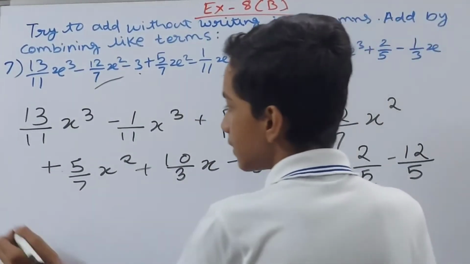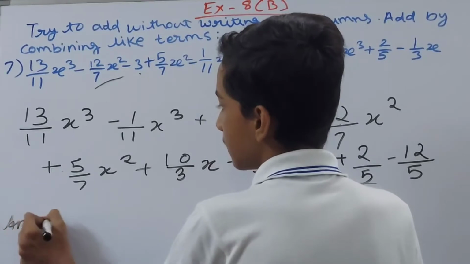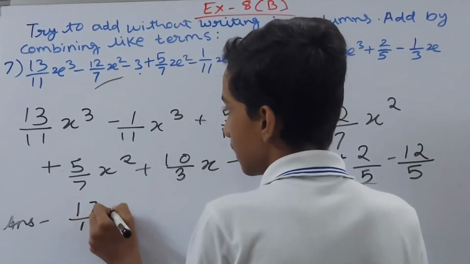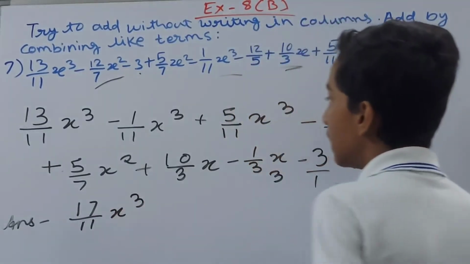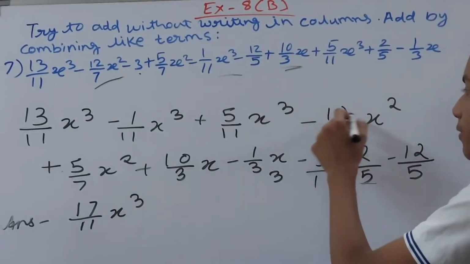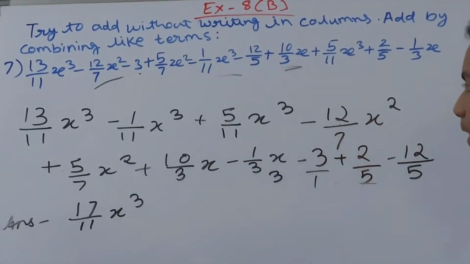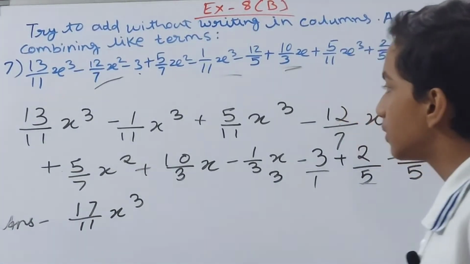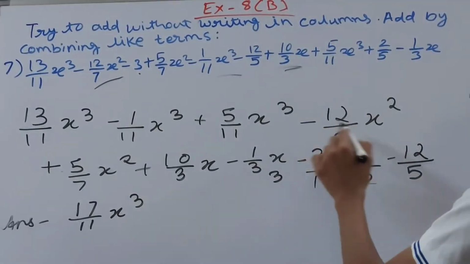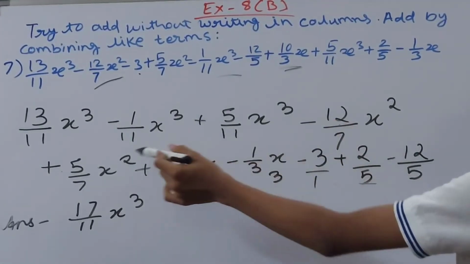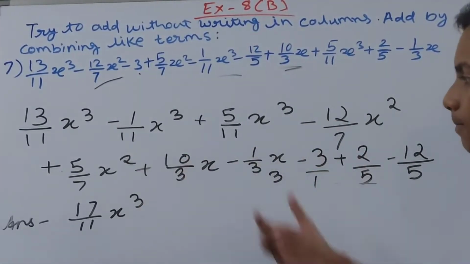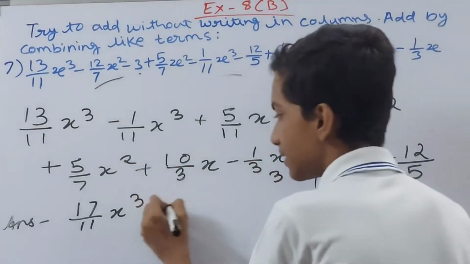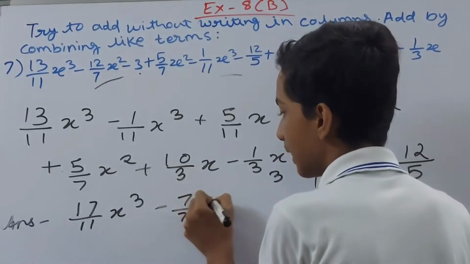Alright, so you can write in your answer, this is 17 upon 11x cube, and then minus 12 upon 7x square and plus 5 upon 7x square. So in this also you can see, minus 12 and plus 5, that will be minus 7, alright. And so you get minus 7 upon 7x square.